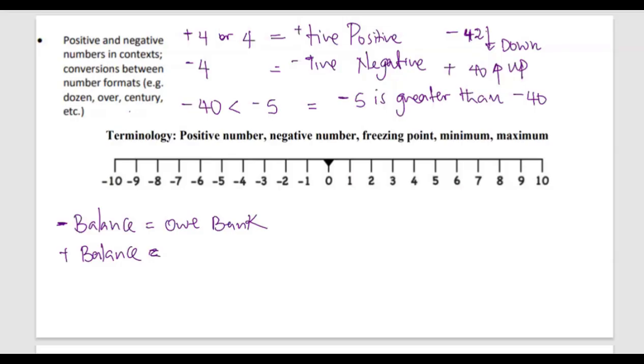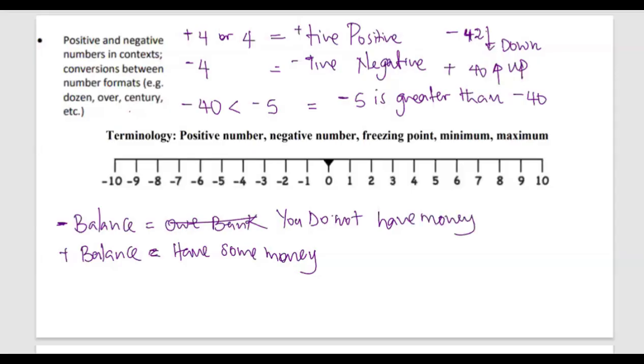You have some money. This is when we look at the banks. All right. Here, negative, you do not have money. You don't have money. That's negative balance.